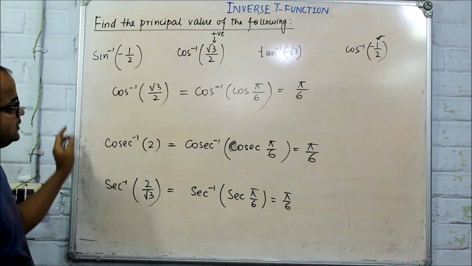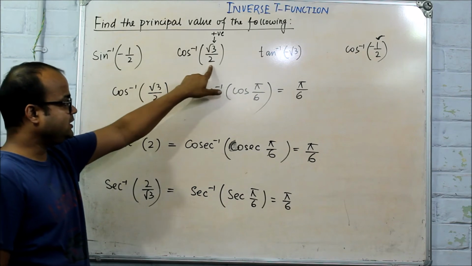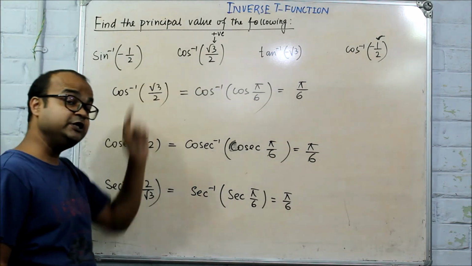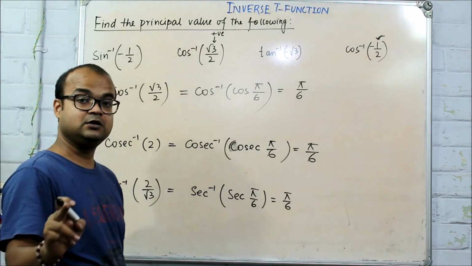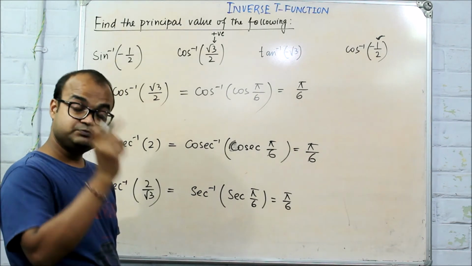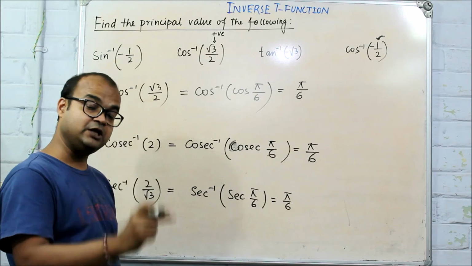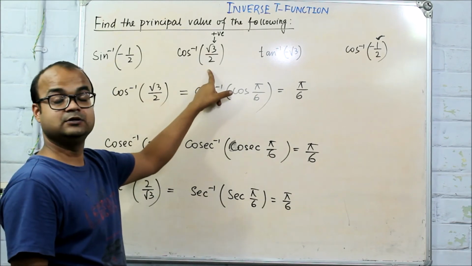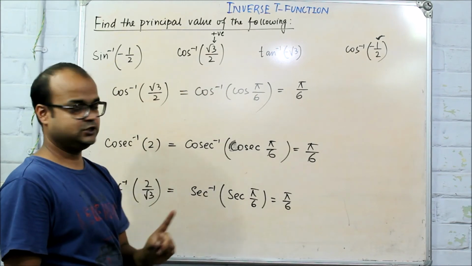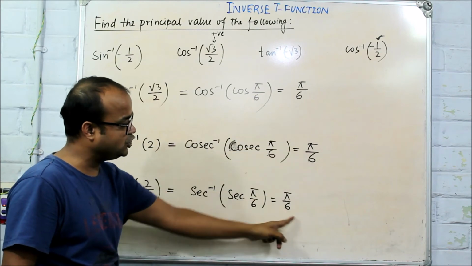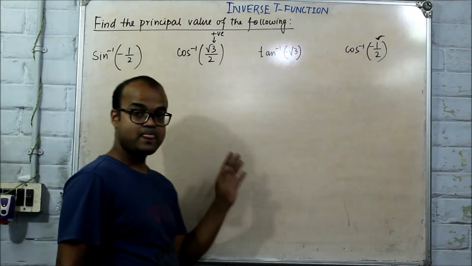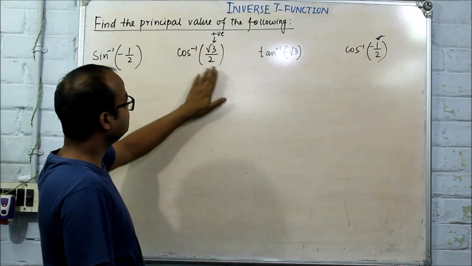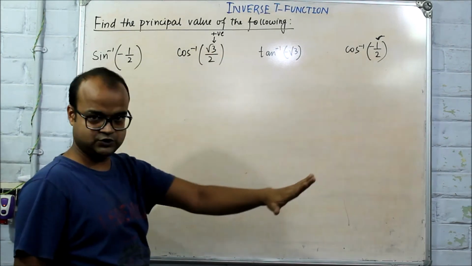Whenever this number is positive, you need to concentrate on the angle in the first quadrant for which the trigonometric value will attain that value. So your angle always belongs to the first quadrant. I hope you understand this for the positive case, that is, the first quadrant.